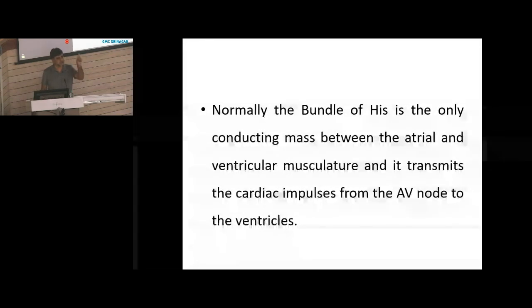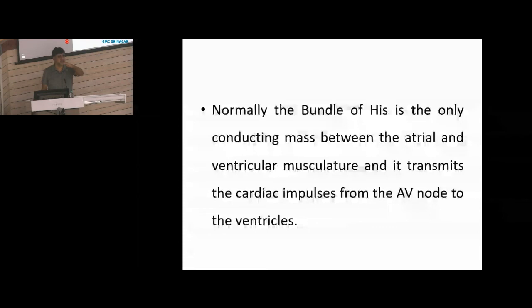There is no other normal pathway by which SA nodal impulses can be transmitted to the ventricles. Is that okay? So the only pathway is this AV bundle, also called bundle of His, through which SA nodal impulses can be transmitted from atria to ventricles.